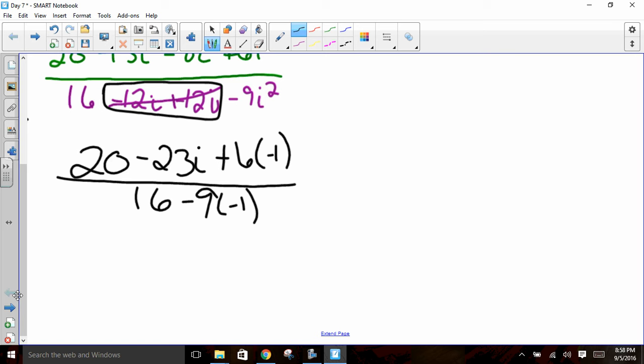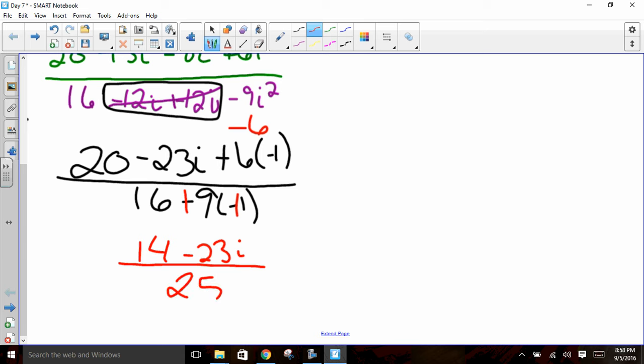Okay, well, this turns my 6 into a minus 6, so I have 20 minus 6, which is 14, minus 23i, over 16 plus 9, which gives me 25. If I wanted to, I could split up my fraction, but I don't need to, so I'm not going to. So my answer here is 14 minus 23i, all divided by 25.